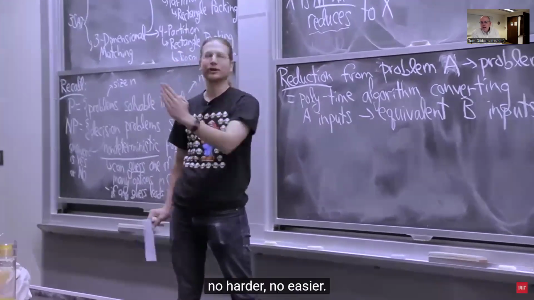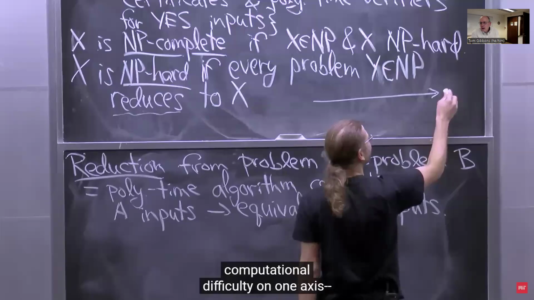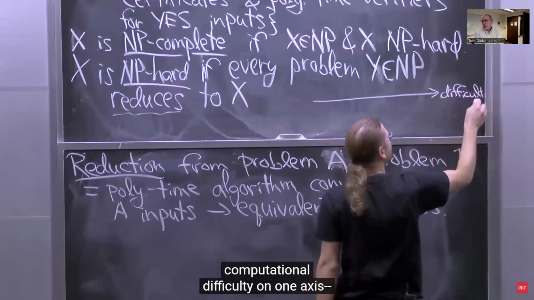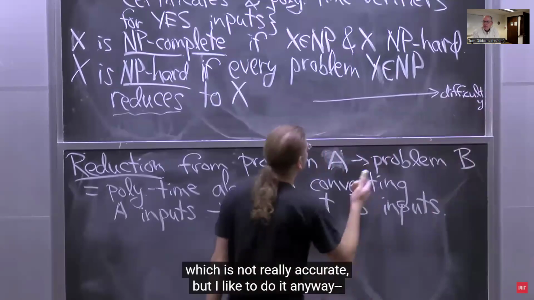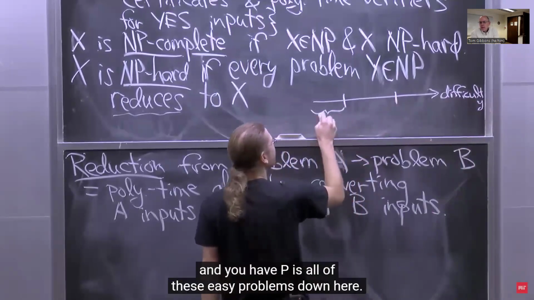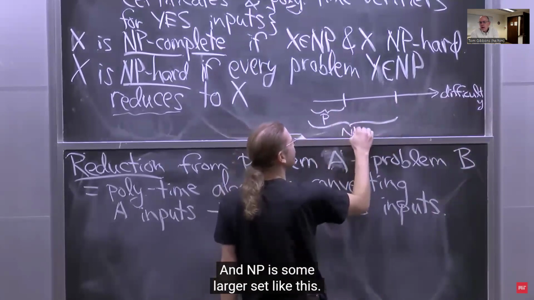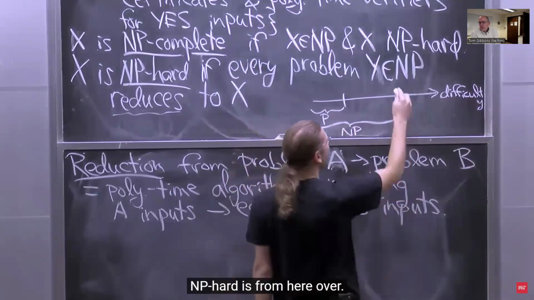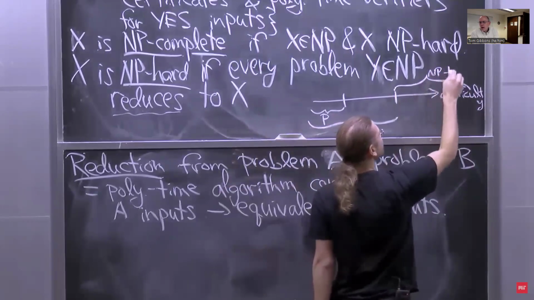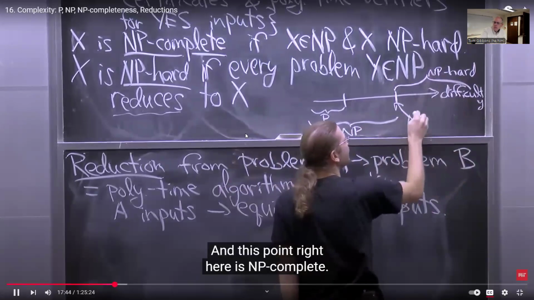No harder, no easier. If you draw computational difficulty along one axis, which is not really accurate, but I like to do it anyway, P is all of these easy problems down here, and NP is some larger set like this. NP hard is from here over. And this point right here is NP complete.